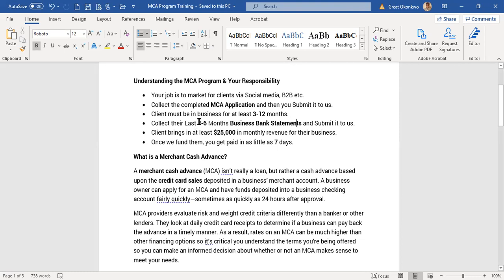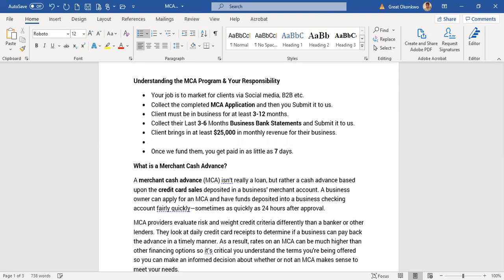Make it clear that if you've been in business for 3 to 12 months, have 3 to 6 months of business bank statements, and generate $25,000 in monthly revenue, we can fund you for $25,000 to $250,000. Some people might qualify for even more than 250, but let's say they do 250.